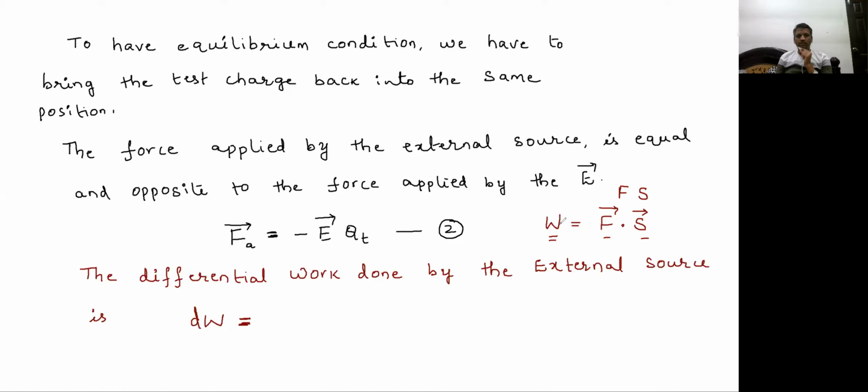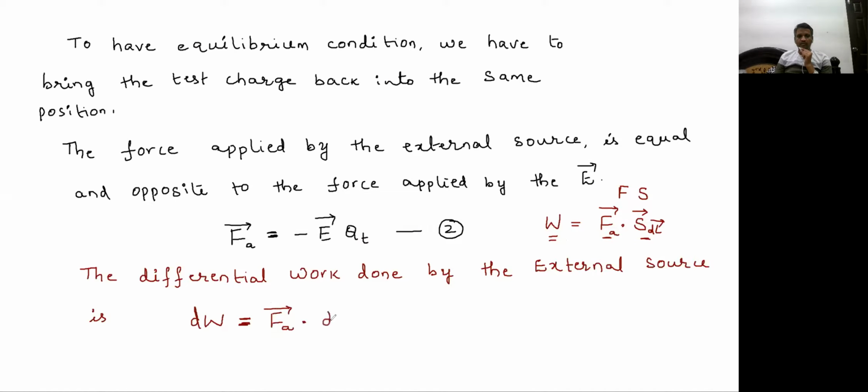But what is the force here? Fa. And what is this displacement here? It is dl, which is a displacement. So we can take that as simply Fa vector dot product with the displacement dl, which is either in the forward direction or reverse direction. That will be the same, because the same displacement moved by the electric field is also moved by the external source.